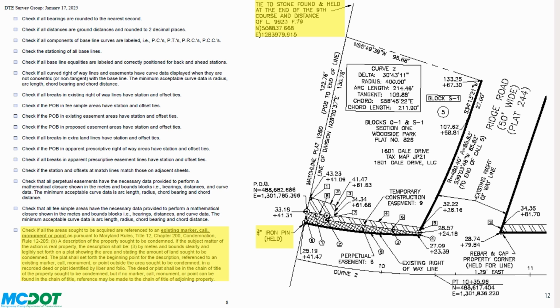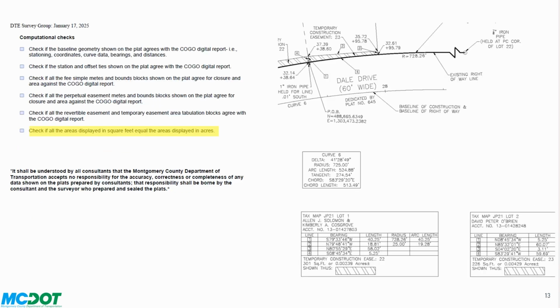Ties to adjoining property monuments shall be discouraged and only used as a secondary source if no physical markers are found on the subject's chain of title. A tie 1,500 feet away to an adjoining plat should not be used instead of an actual corner found somewhere on the subject plat. All areas are to be displayed in square feet rounded to the nearest foot, and acres rounded to 5 decimal places. These two values must be equal.